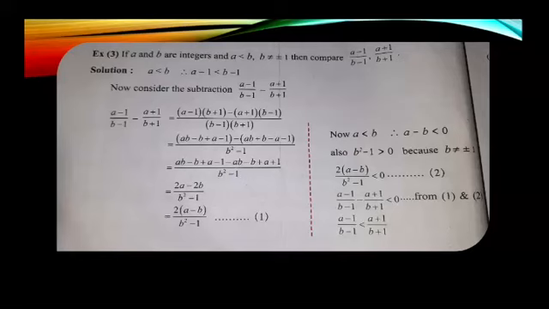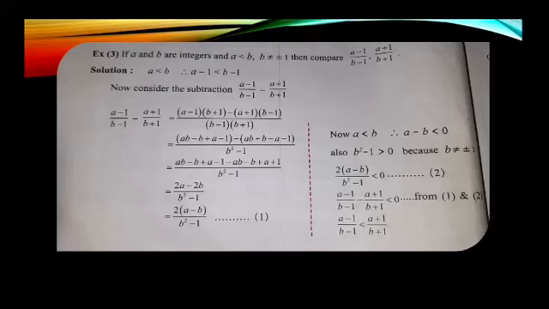Now, a is smaller than b. Therefore, a minus b is smaller than 0.